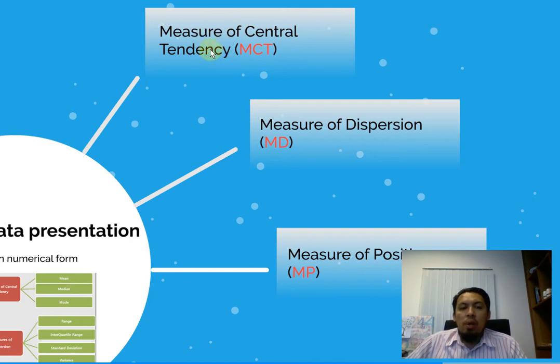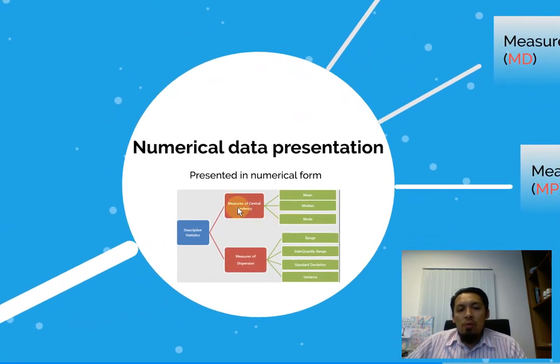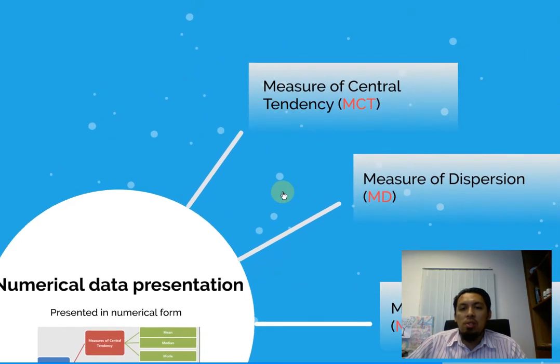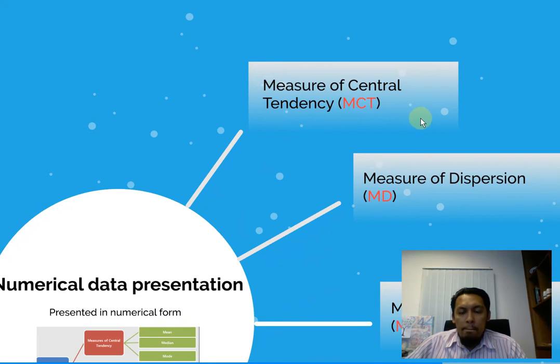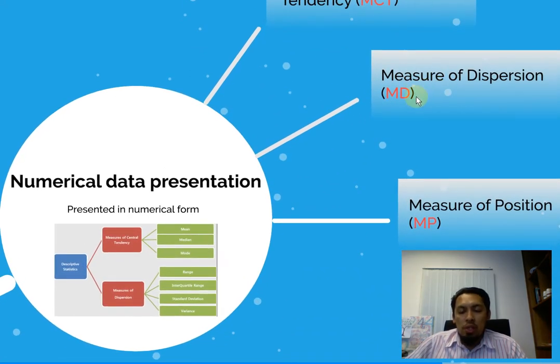For measure of central tendency, if you look at this picture, you see that you have mean, median, and mode. So you basically need to calculate the mean, median, and mode when you are asked to look for measure of central tendency, which is MCT. Next, we also have measure of dispersion.